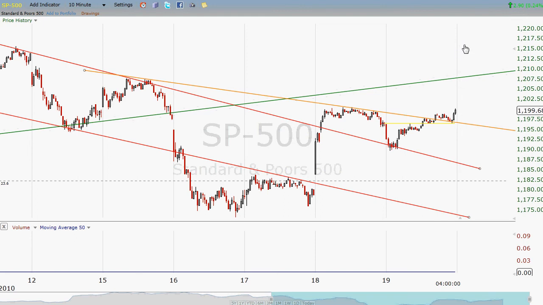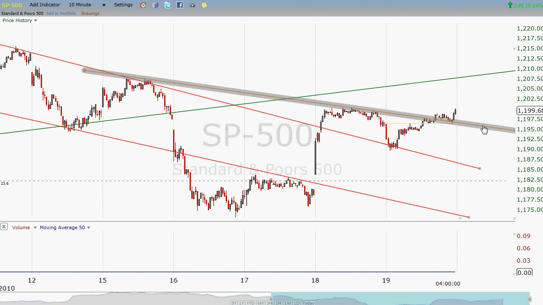Prices may climb back up into this channel. That's, to be honest with you, going to be a tough thing to do, because this now will act as resistance. However, this is a pretty strong move off these lows, and we have broken this. So at the very least, I'm pretty comfortable in saying that this line now will hold as support.